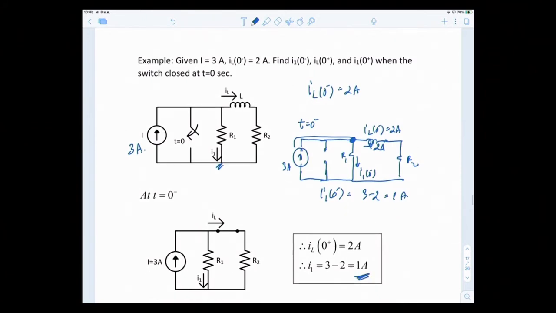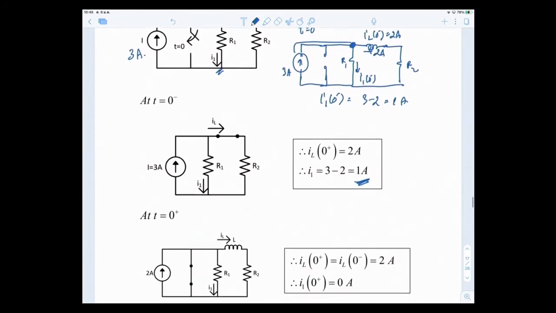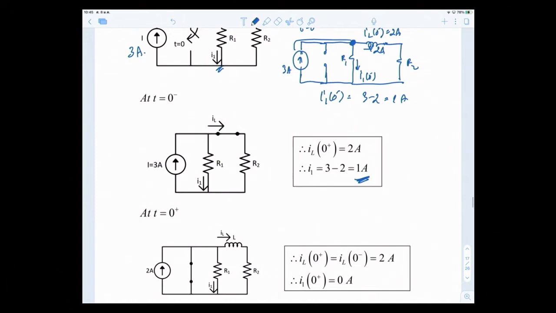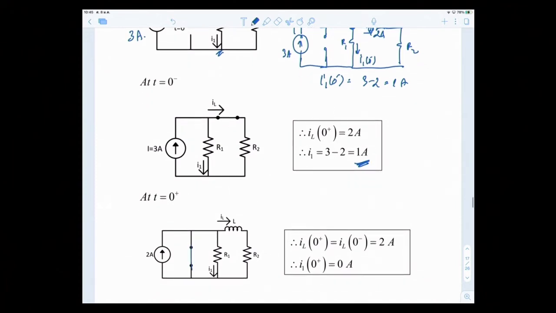Then at t equal to 0 plus, the switch closes down like this, right? IL doesn't change instantaneously, so IL 0 plus equals IL 0 minus equals 2 amps. But then I1 0 plus, if 2 amps comes in here, it would go here, because this is a short and doesn't choose to go somewhere difficult.